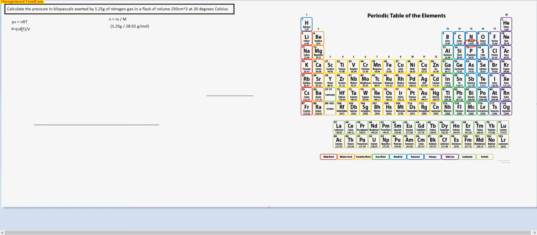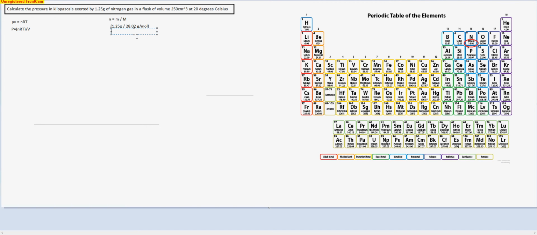And our R is our ideal gas constant, and that's also just given to us. So R is equal to 8.3145 joules over mole times Kelvin.